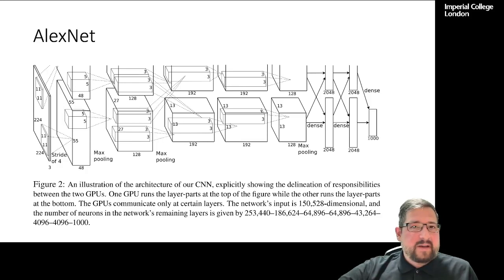Structurally, AlexNet basically is a LeNet, but with a few key differences. So first of all, it has more layers, 5 convolutional layers and 3 fully connected layers here at the back. The input images in ImageNet are 224 by 224 pixels with 3 color channels each.